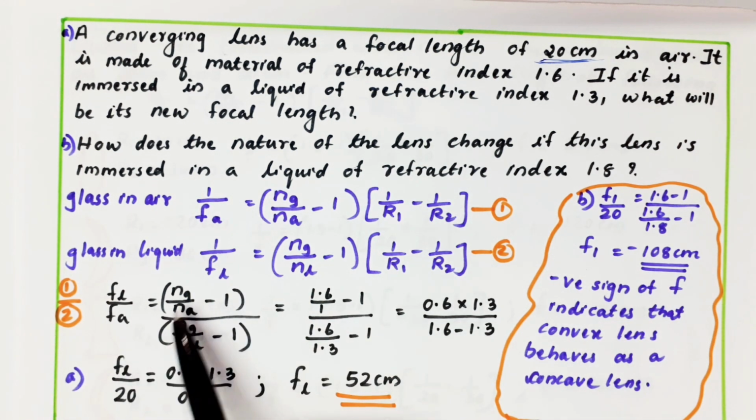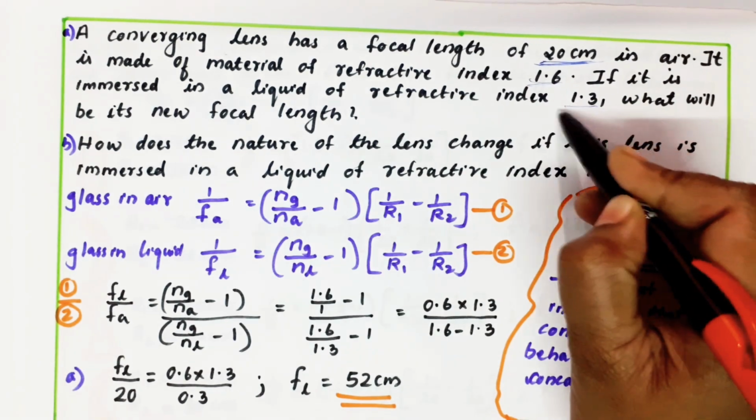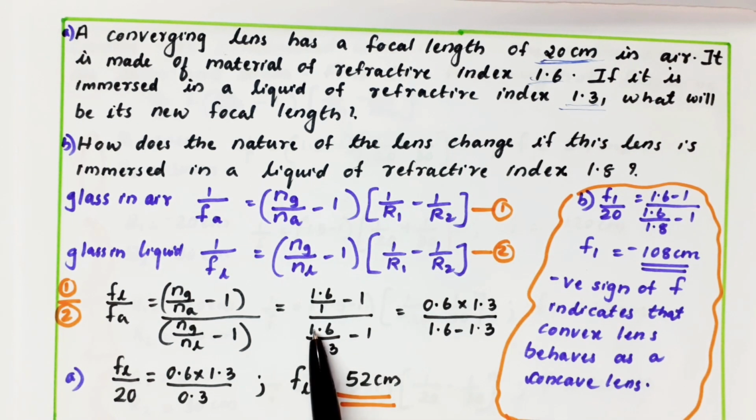Fl by Fa is Ng by Na minus 1 divided by Ng by Nl minus 1. They gave all the values. Refractive index of glass 1.6, liquid is 1.3, and we know air is 1. So 1.6 by 1 minus 1, 1.6 by 1.3 minus 1.